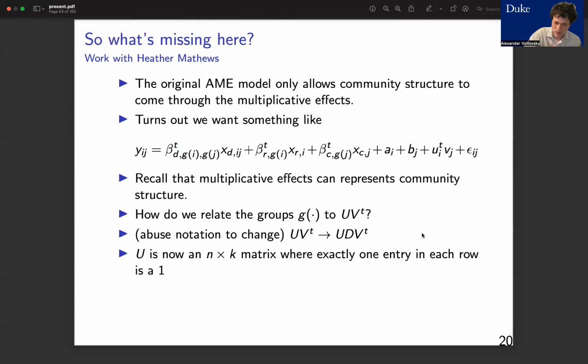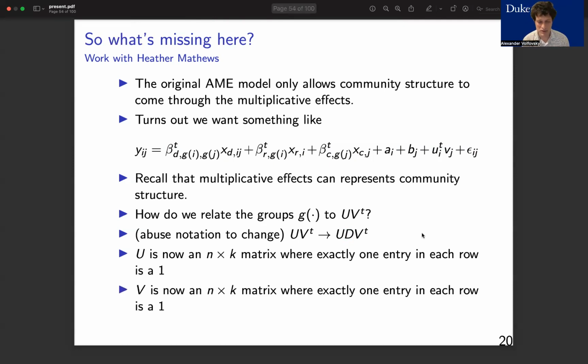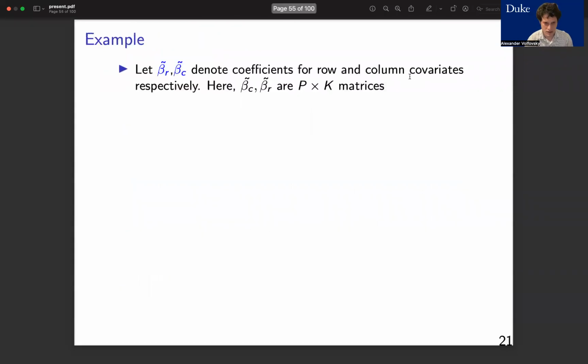So the rows are representing the community membership of each individual. And so if a particular column is equal to 1, that means that person belongs to that community. Similarly, you could think about having different communities for each individual as a receiver of ties. In practice, you probably usually will think of U and V being the same, but this gives you additional flexibility.